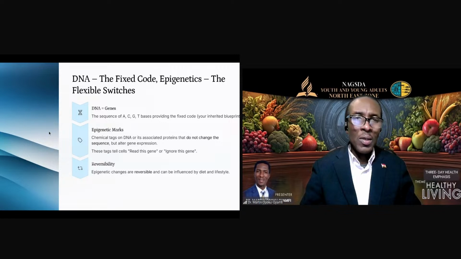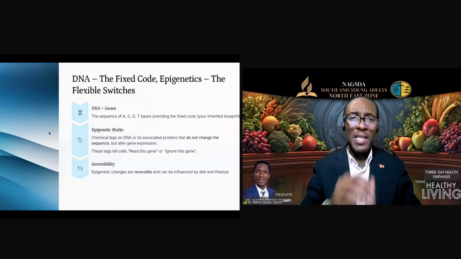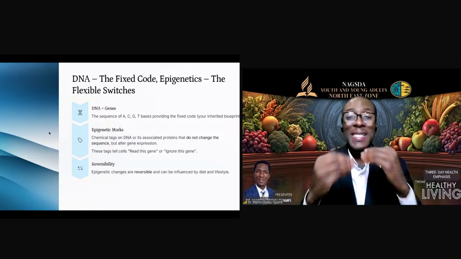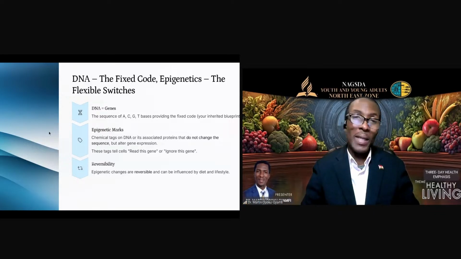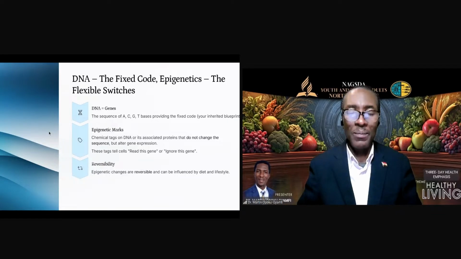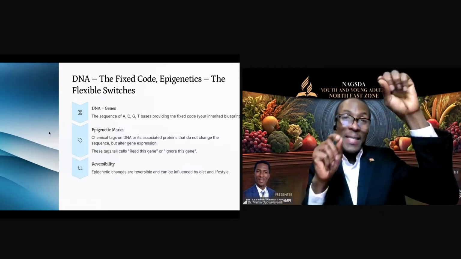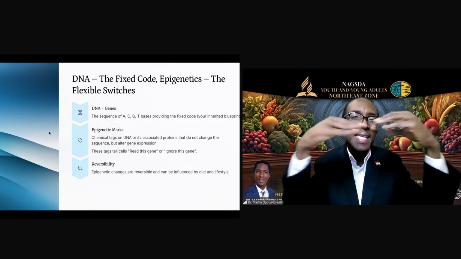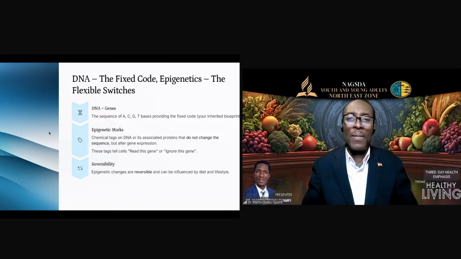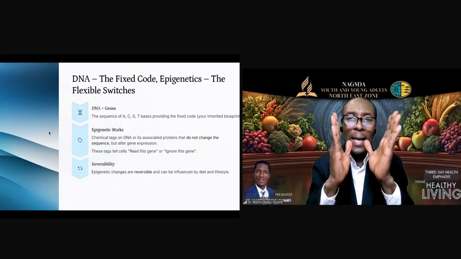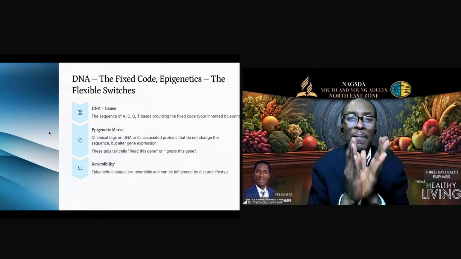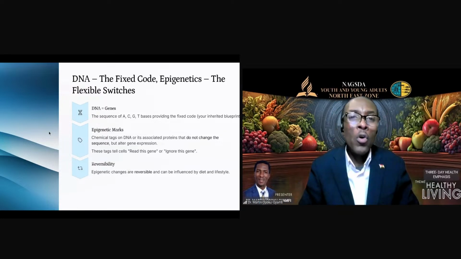So we all know that the DNA or the genes have a certain sequence, what is referred to as bases, A, C, G, T. These ACGT bases are bonded together to provide the inheritable blueprint that forms the backbone of the genes.